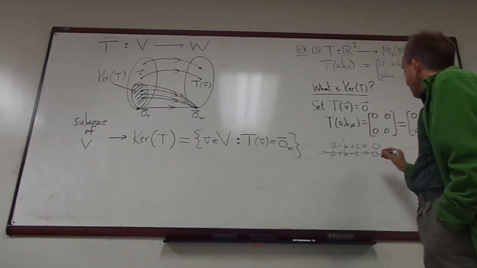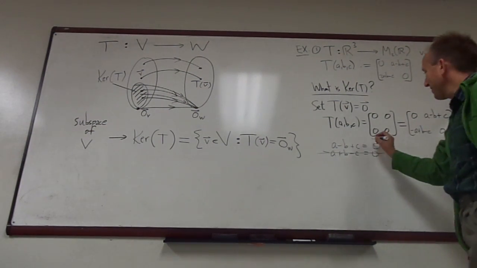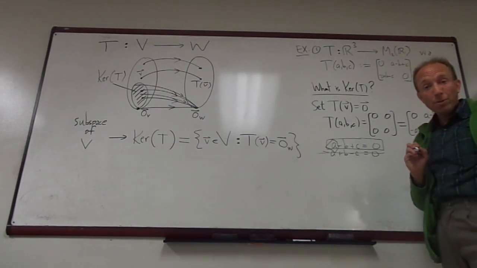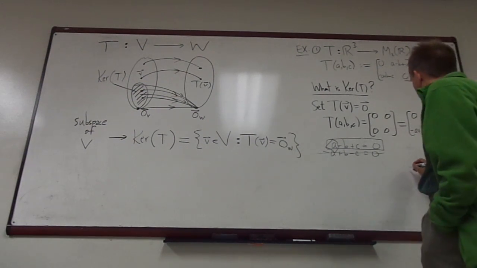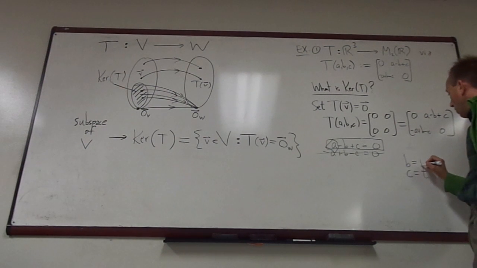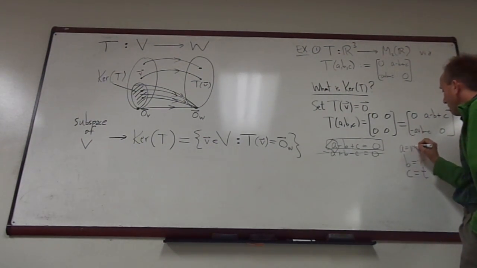This is just a little system of equations. The a is the leading variable, but b and c are free. So I could write c as t, and I could write b as r. And then a would just be r minus t.